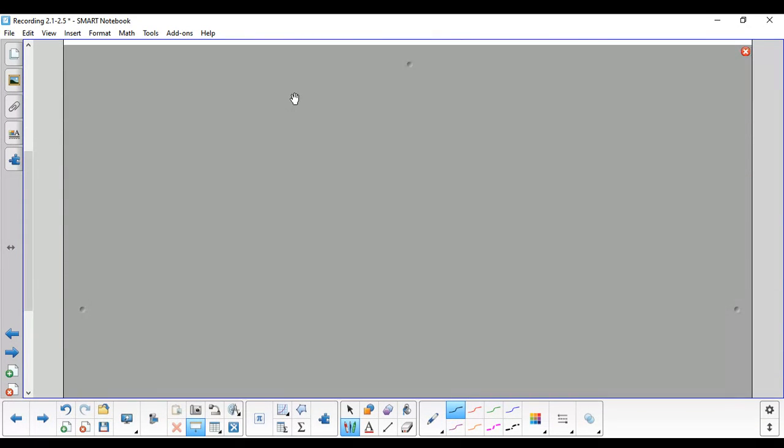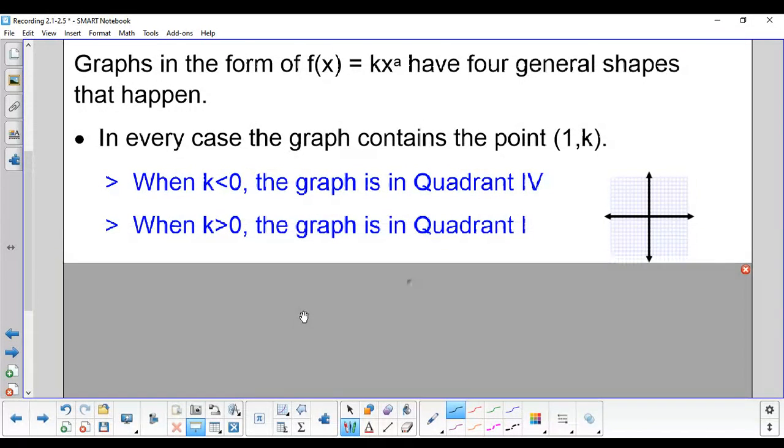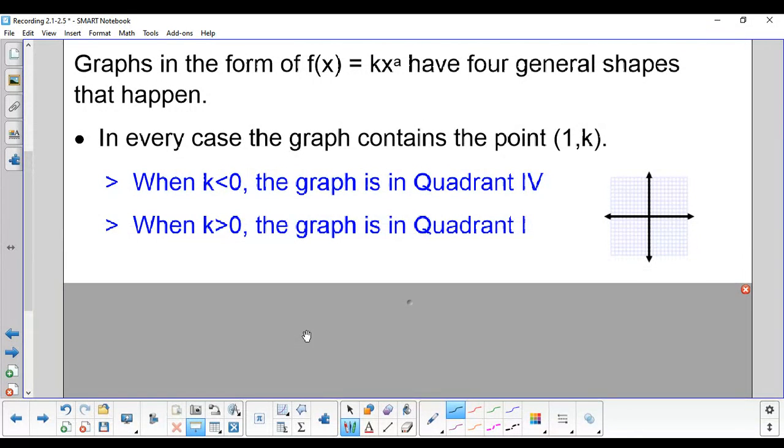All right, now that we have the 4 general shapes the graph can take, we're going to talk about a key point that will determine whether or not the graph will exist in quadrant 1 or 4. And so all of these power functions will start in the format of y equals k x to the power of a. Now, whatever the k value is, that's going to determine whether or not we end up in quadrant 1 or quadrant 4.